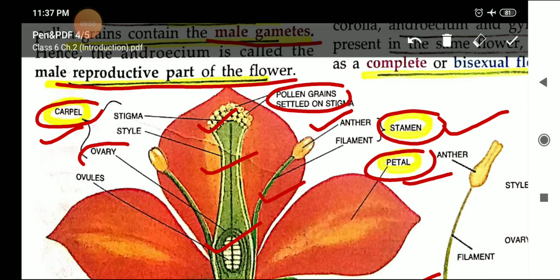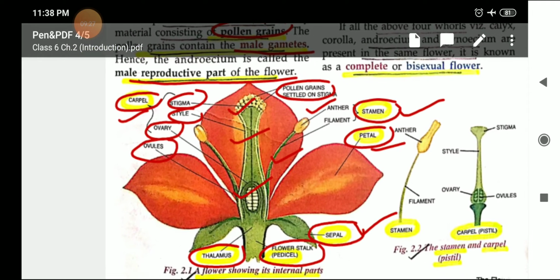So ovary, style and stigma are the three main parts of the carpel or pistil, and inside the ovary are present ovules, which contain the female gametes or the female reproductive cells. So these are the four main parts of the flower.